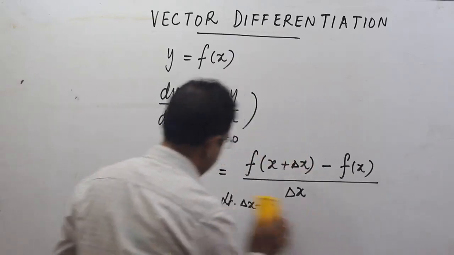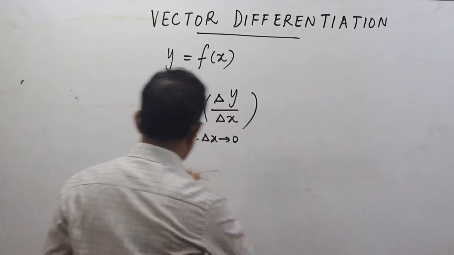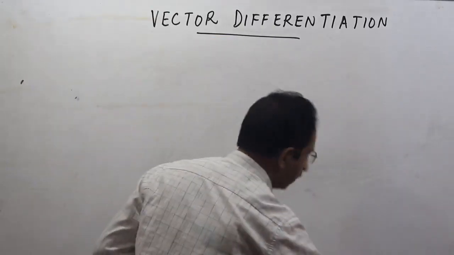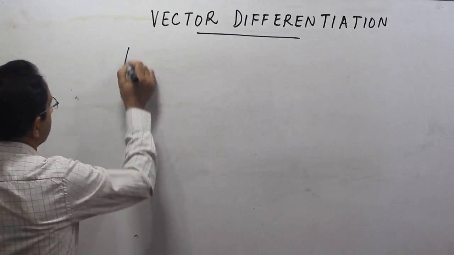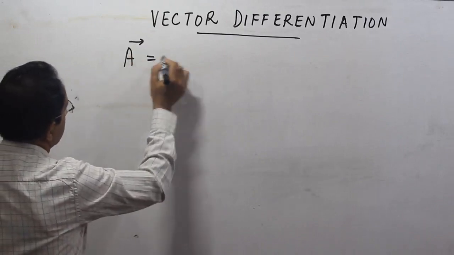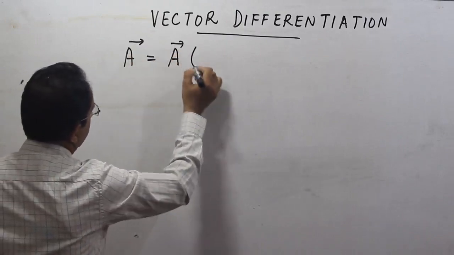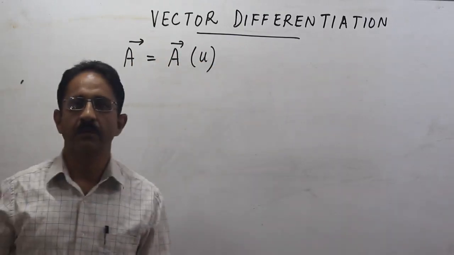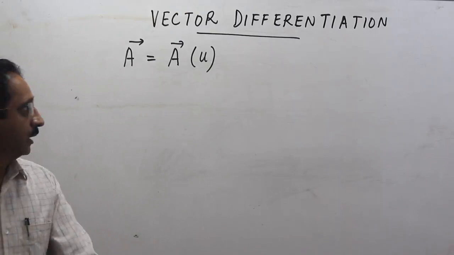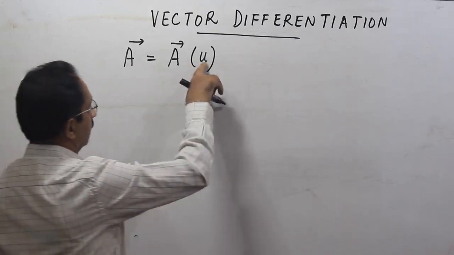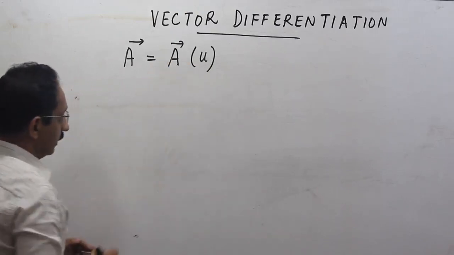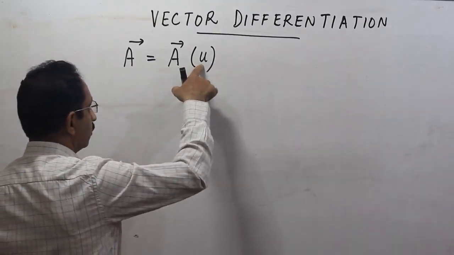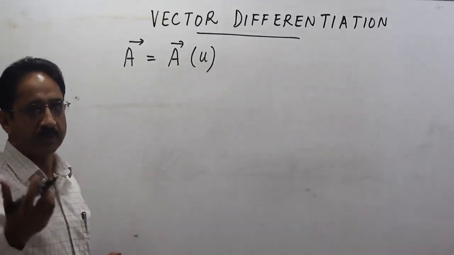Now think of a vector A, which is a general vector and is dependent on some variable. So this is a vector, and it is dependent on a variable u. So f of x is now A of u. If I think of the initial value of this vector, say at some initial value, the value of u was u, and then u became u plus delta u.